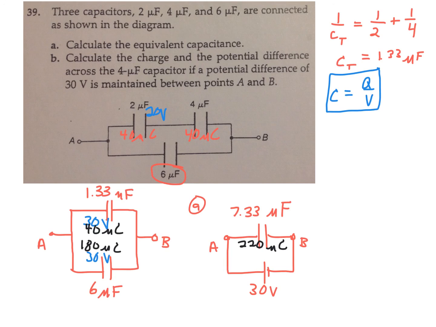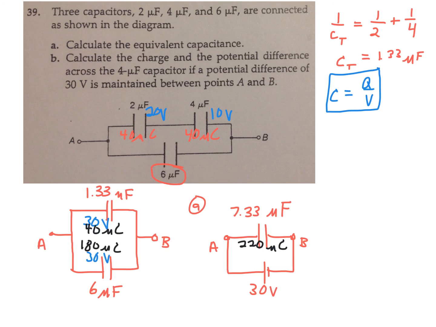And the one on the right, the 4 microfarads, is 40 microcoulombs over 4 microfarads, which gives you 10 volts potential difference. That's what they were looking for: what is the potential difference across the 4 microfarad capacitor? One check is if you take those last two numbers, the 20 and the 10, and they add up to 30, that's good, because it adds up to the total voltage that replaces it in the next diagram.